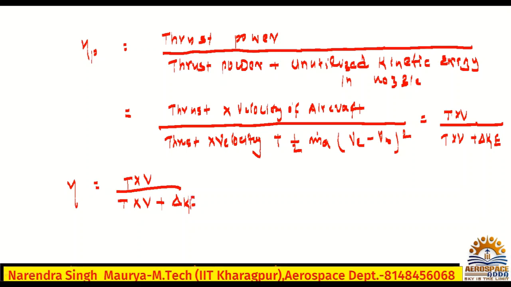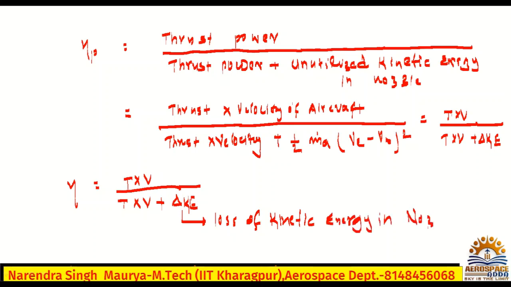This is the unutilized kinetic energy, or you can say loss of kinetic energy in nozzle. So propulsion efficiency depends on one quantity, which is the change in kinetic energy or loss in kinetic energy in nozzle.